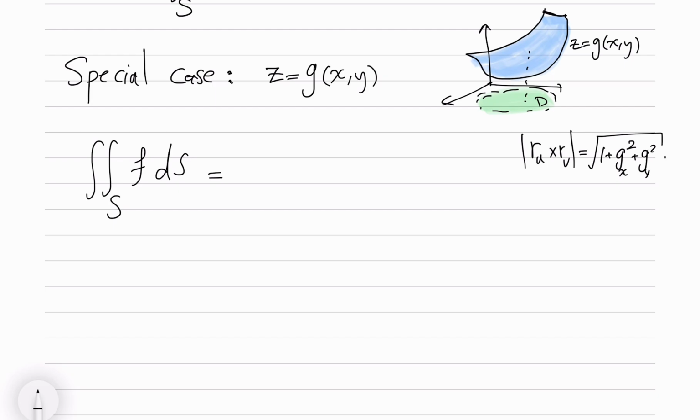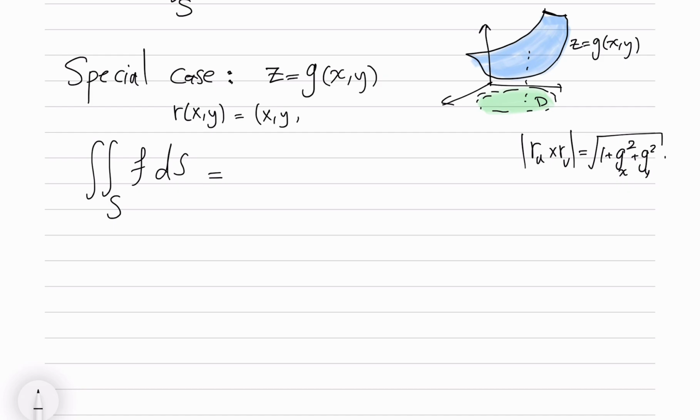That is this. And here you may ask, what is r? Well, r here is r of x, y equals x, y, g of x, y. So x, y here is doubling, meaning you can think of one copy of x, y in a separate coordinate system in 2D, and then they also represent the 3D projection.